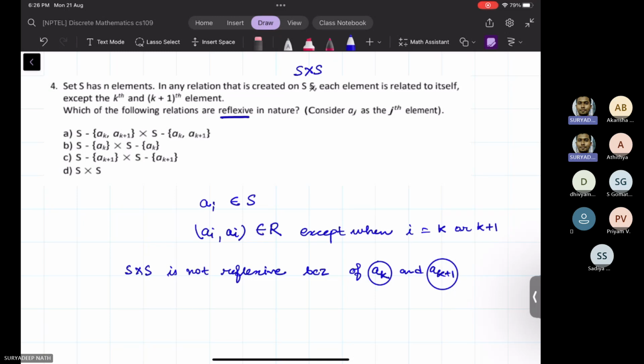Yeah, option A. The simple thing is that if you remove AK and AK plus 1 from the set S, and it is related to itself, all the rest of the elements present in S minus AK and AK plus 1 will be related to themselves. Therefore, the relationship on this product of the set would also be reflexive. So option A is the right answer for this question.